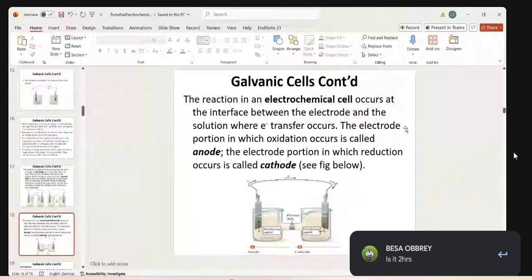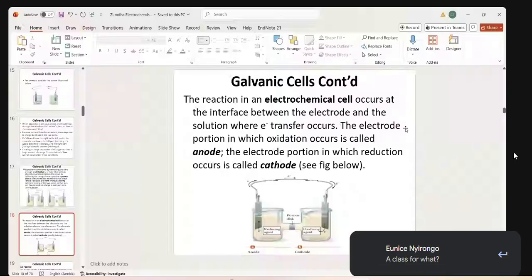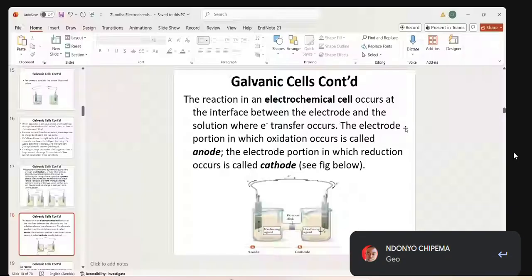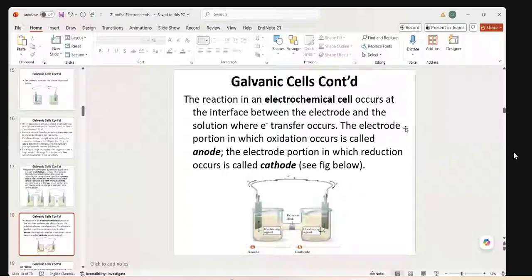So you had metals from I think sodium going down up to I think copper somewhere there. So as you go down the reactivity series, the reactivity of the metals was reducing, right? Then you had the hydrogen. Then immediately after hydrogen, you had the elements that were less reactive. And above hydrogen, you have elements that were more reactive.